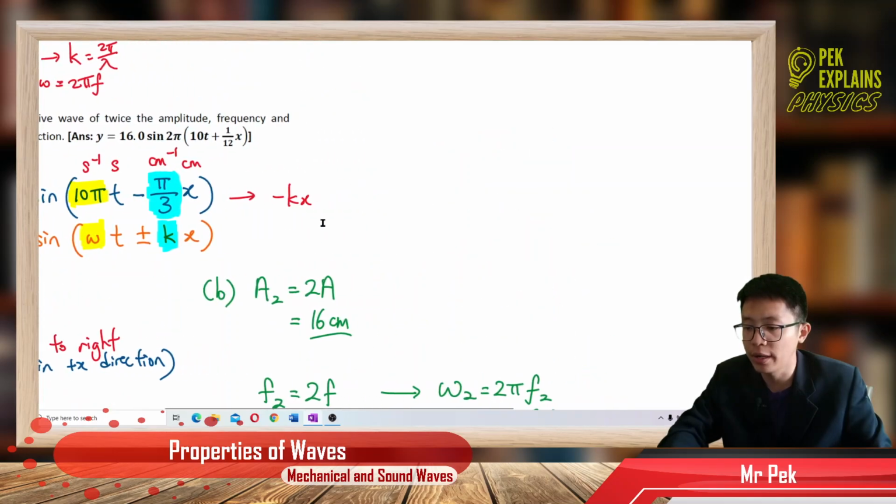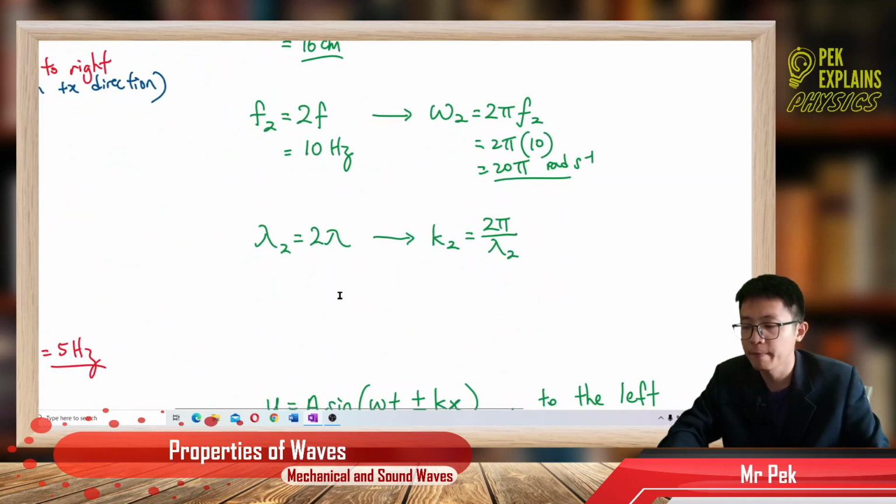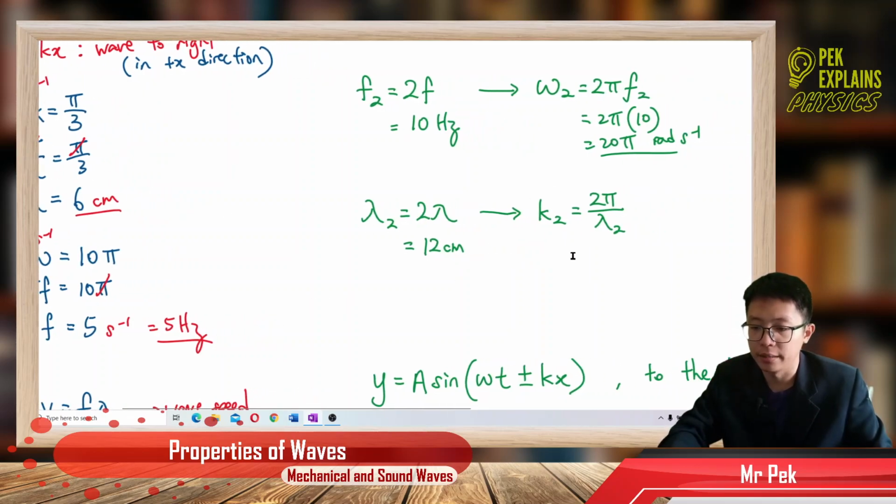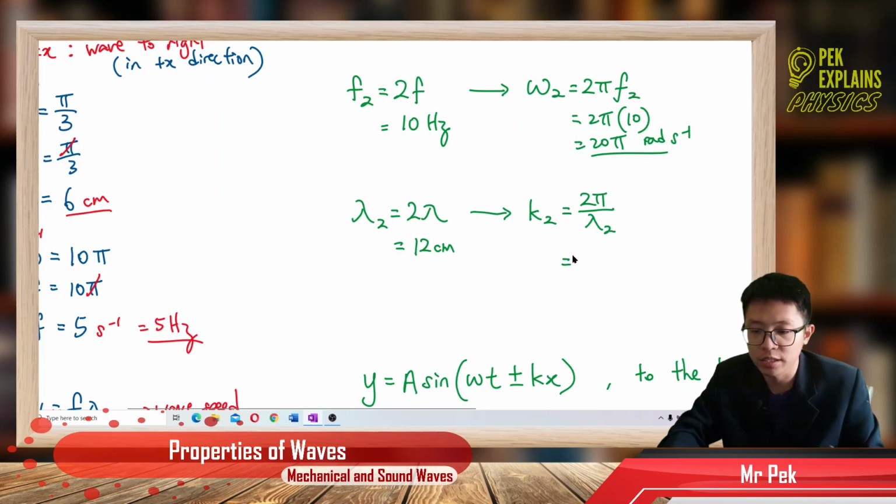The new wavelength is also twice the former wavelength. So it is 2 times 6 cm, which is 12 cm. That's my new wavelength. So what's my new wave number?